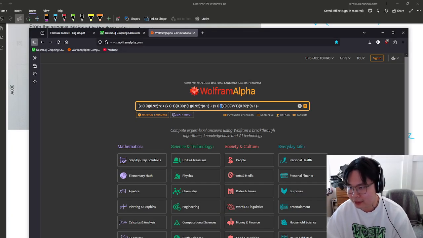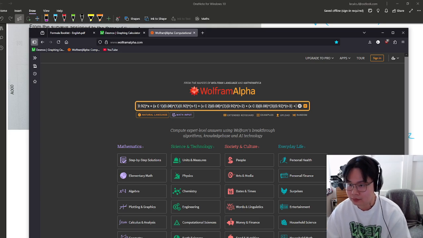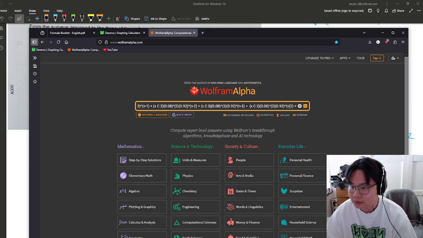Hopefully Wolfram Alpha can recognize the C notation. Okay, so that's 2. This one is 3. This is 4.